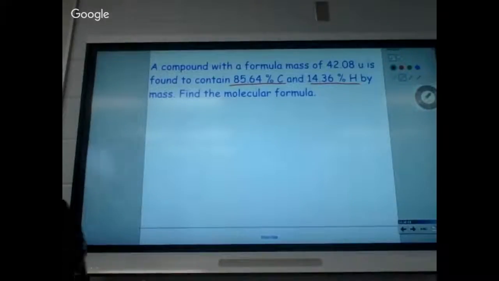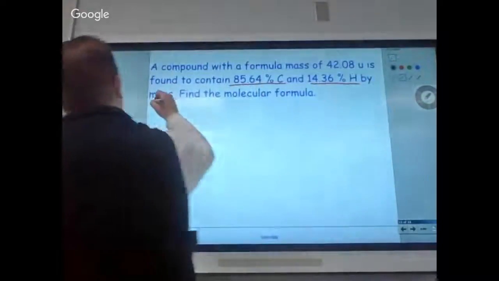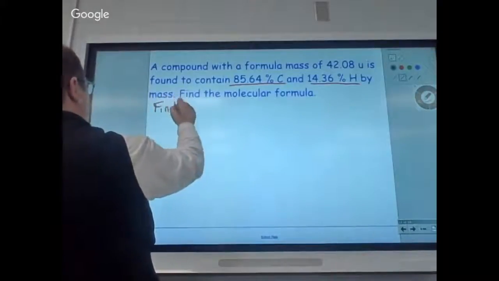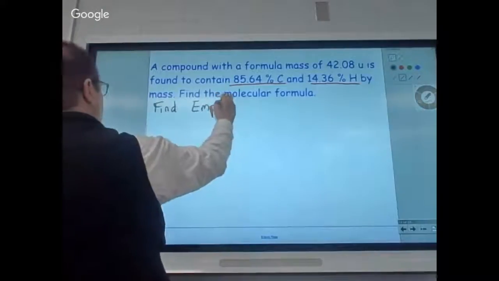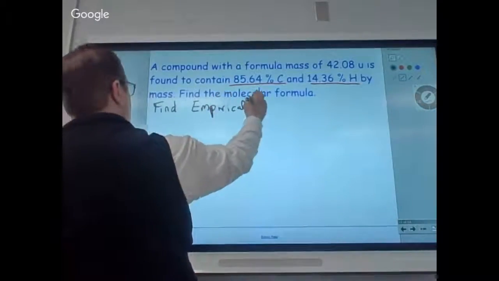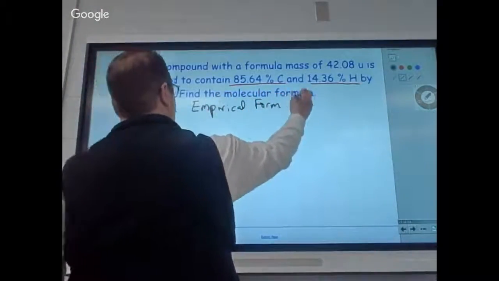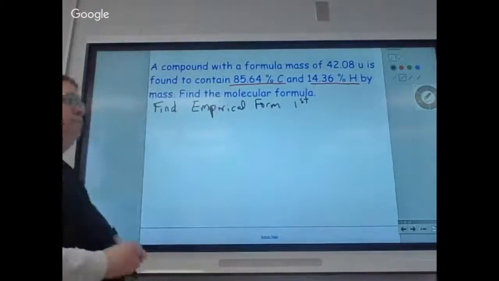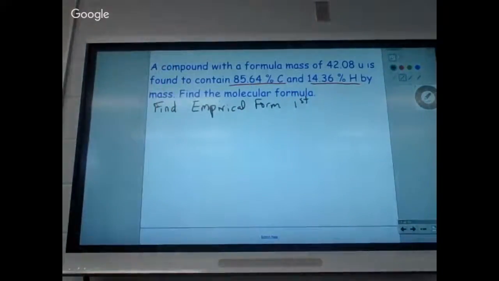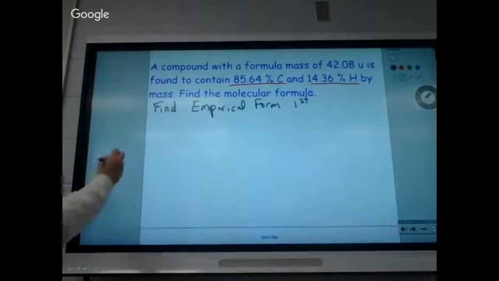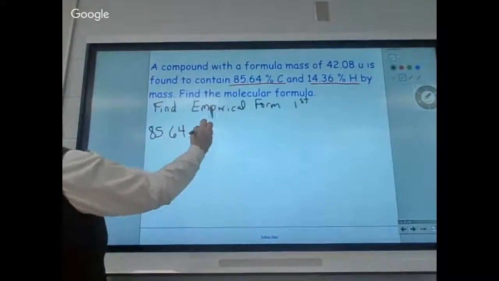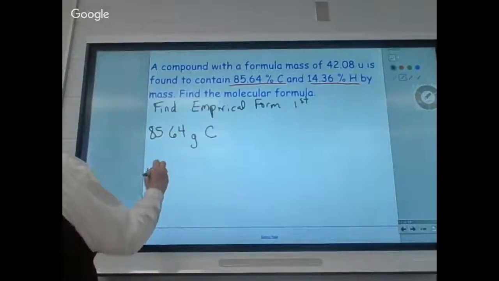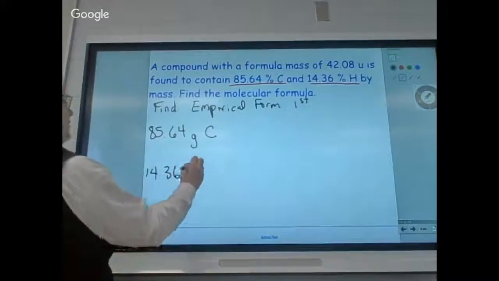So you're going to start by finding the empirical formula first. It's not given. So what do we do with the percents? Change it to grams. So 85.64 grams of carbon and 14.36 grams of hydrogen.